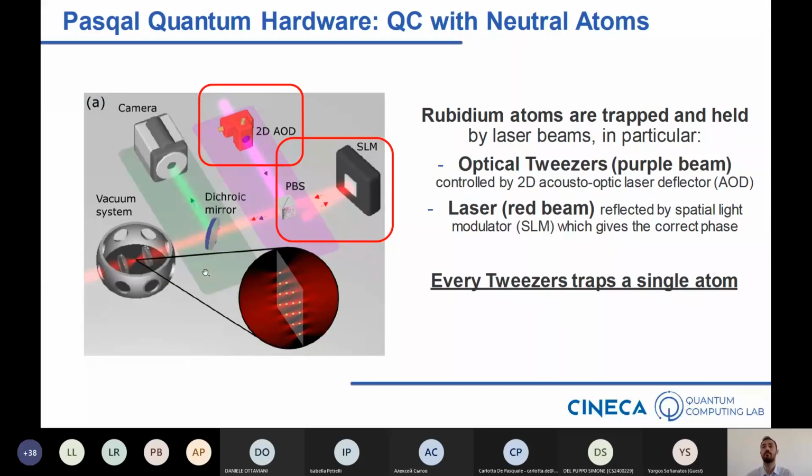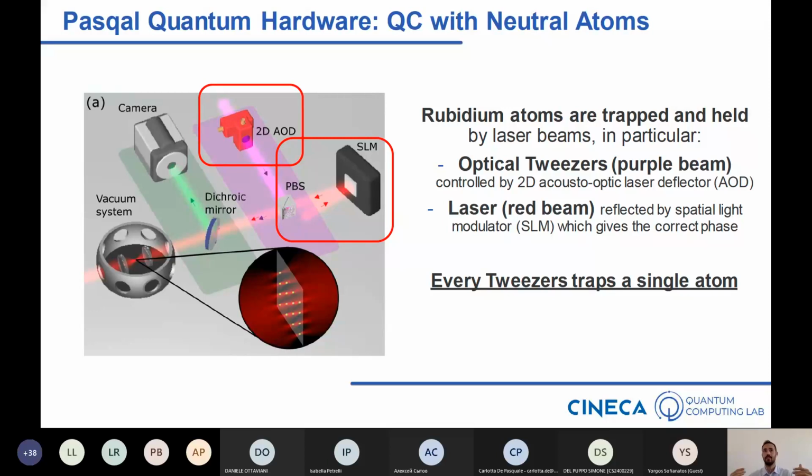The optical tweezers are particular laser beams that are controlled by these devices. This is a 2D AOD, but it doesn't matter. And they also have other laser beams that help to control and trap atoms.